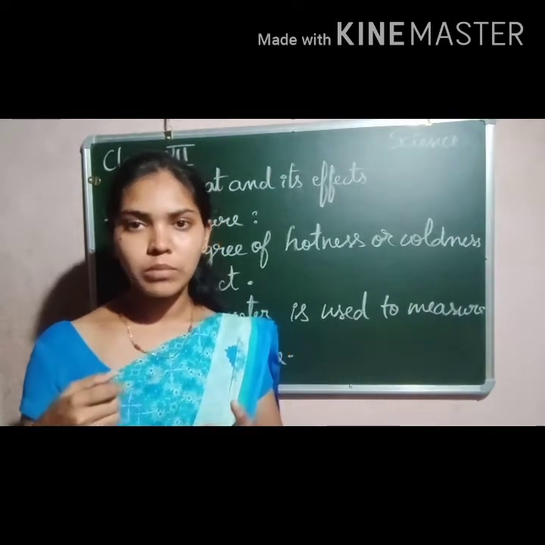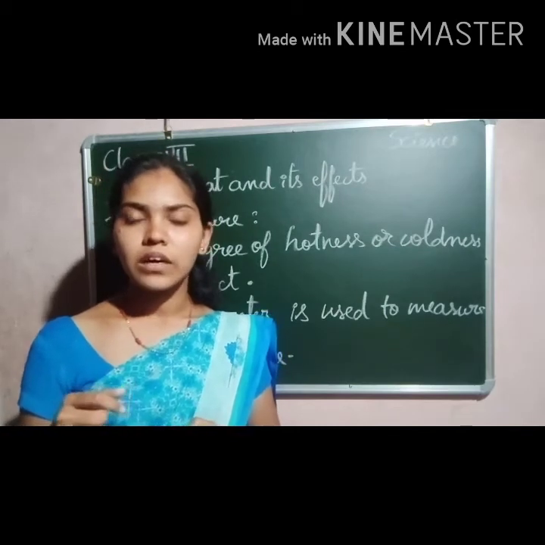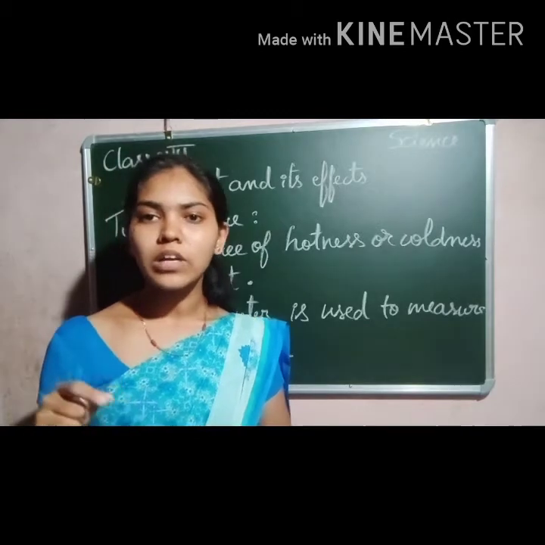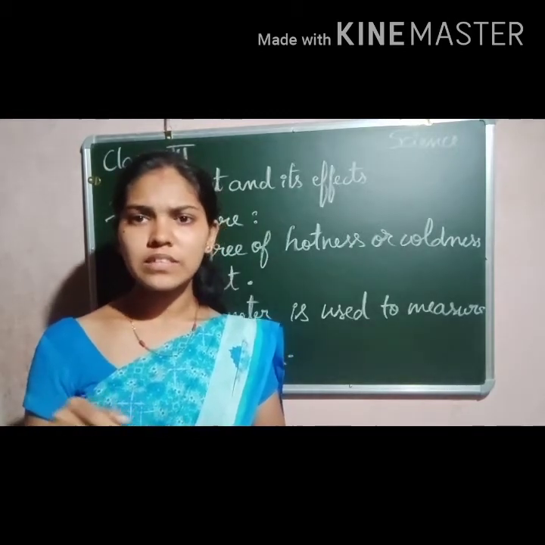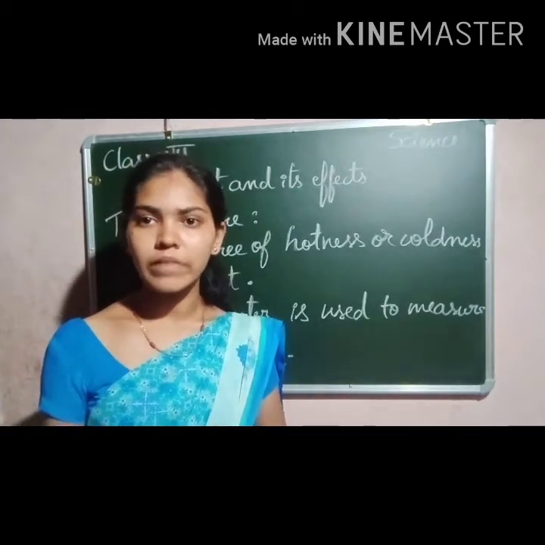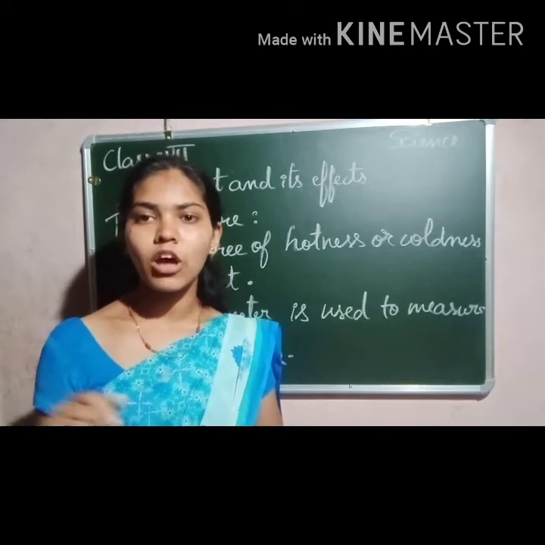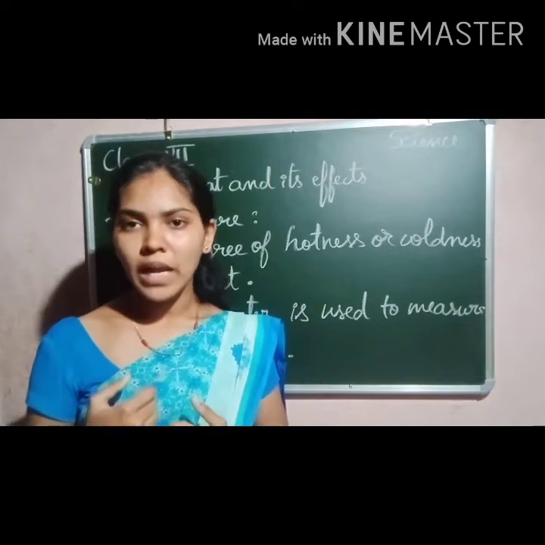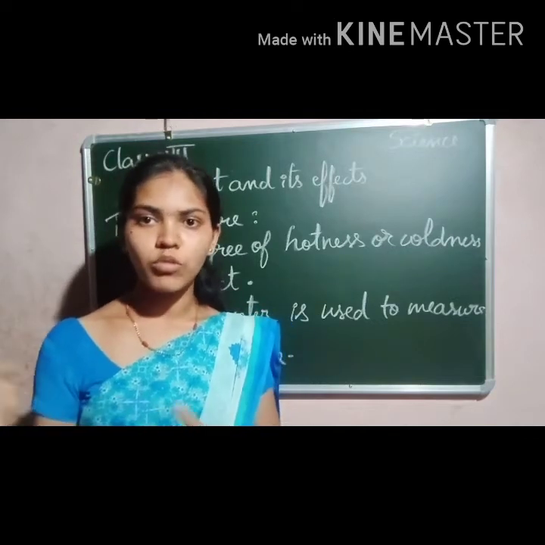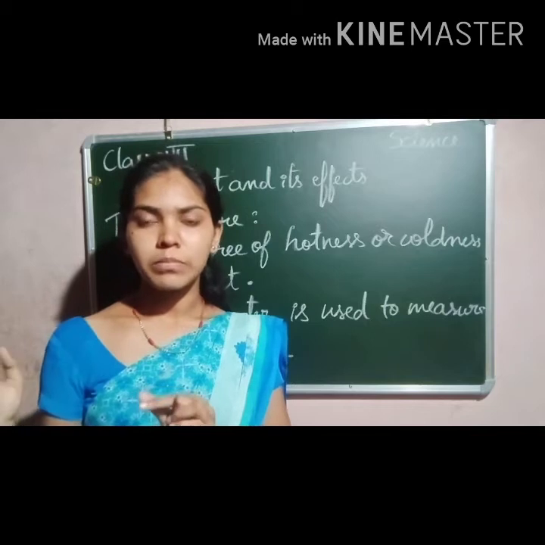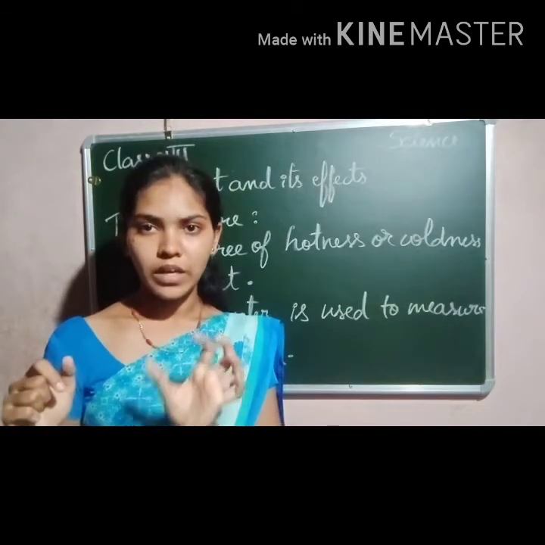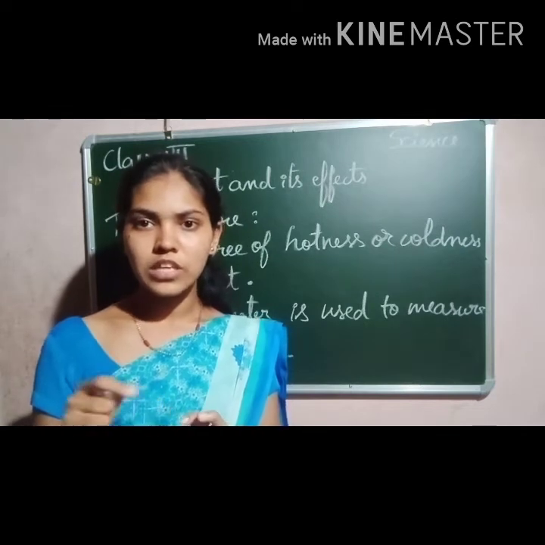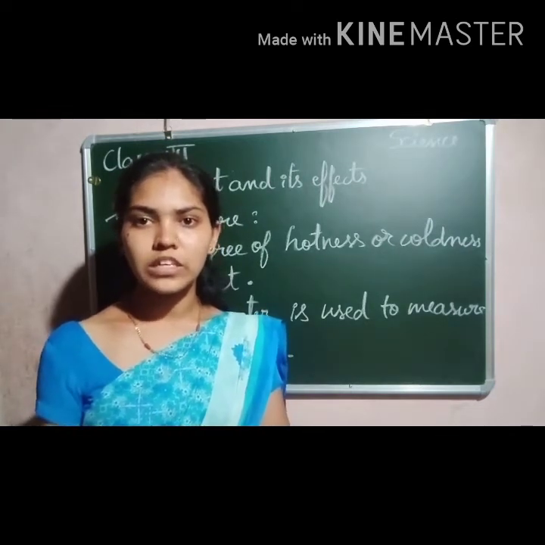The normal human body has a temperature of around 36 degrees Celsius to 37.5 degrees Celsius. That is the normal range of temperature of the human body. We belong to warm-blooded animals, so the temperature varies between 36 degrees Celsius and 37.5 degrees Celsius.